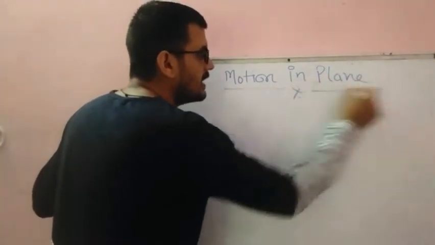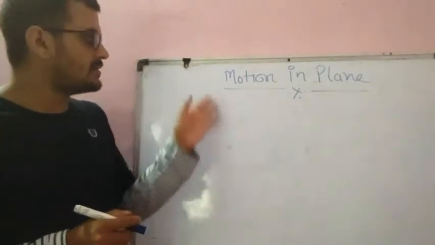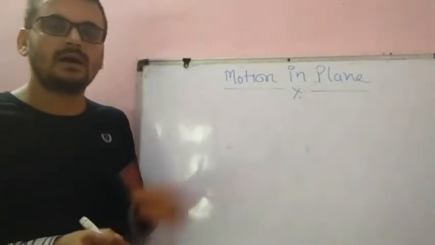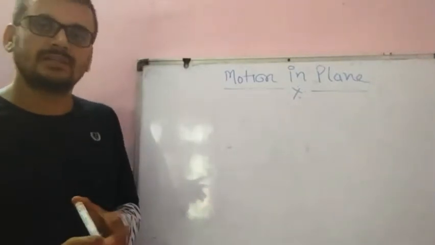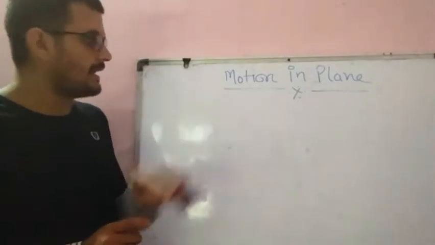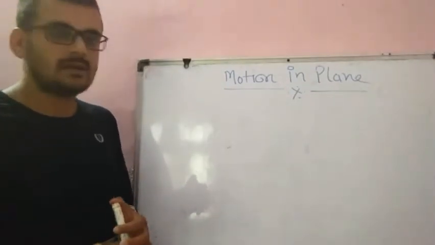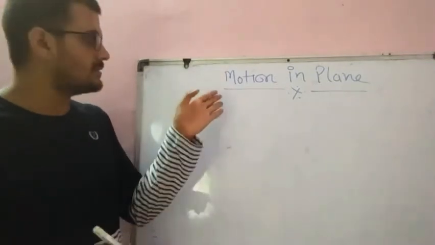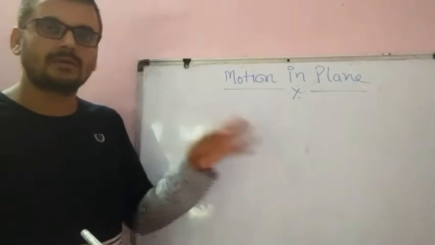This is chapter number 4, and this chapter also comes under kinematics. I have already told you that there are 3 chapters in kinematics, and this is the 2nd chapter in that unit. So totally this is the 4th chapter, and the second chapter of kinematics.